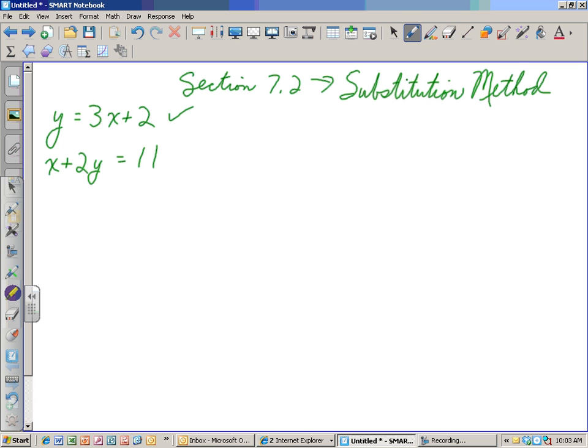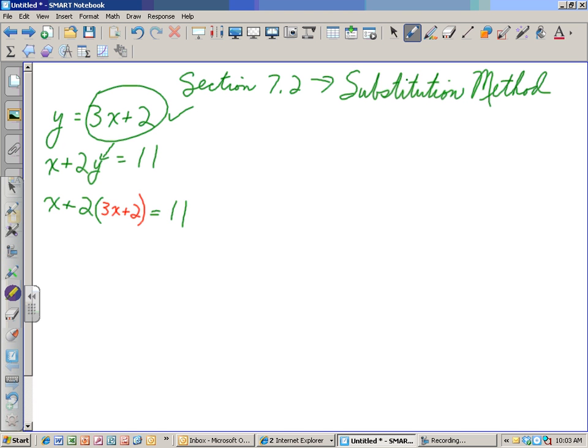So I'm going to write this second equation, x plus 2y, but instead of writing y, I'm going to put what y is equal to: 3x plus 2. And that is going to equal 11. So I took what y is equal to in one equation, and I put it into the other equation for y.